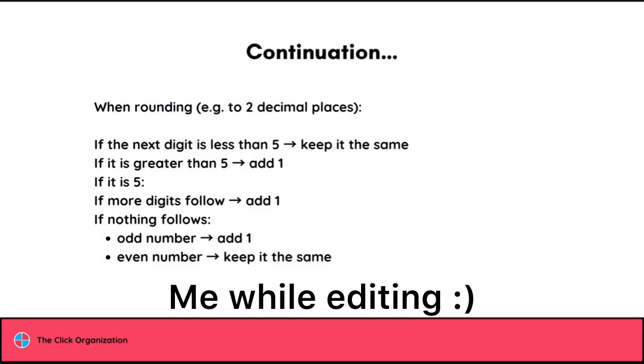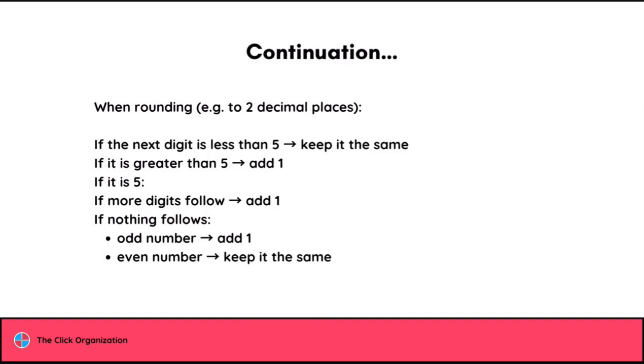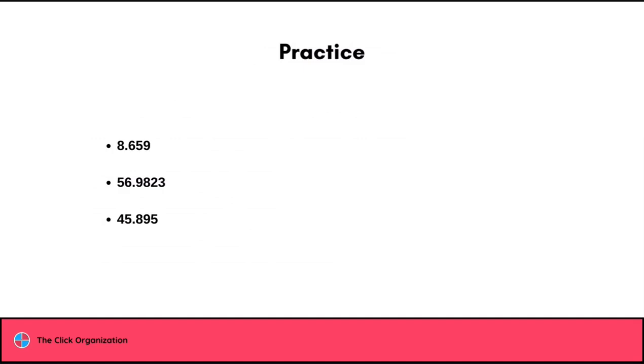If more digits follow after 5, like 4 or 5 digits, then add 1 to the second digit. But if nothing follows after 5, you take a look at the second digit. If it's odd, add 1. If it's even, keep it the same. This might feel very complicated, but it's so simple. And round off is basically a very simple concept just to reduce the digits of decimals.